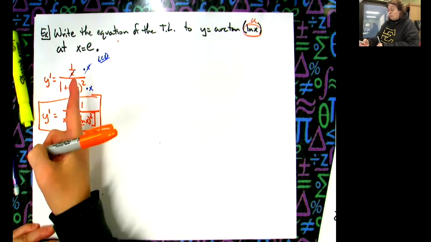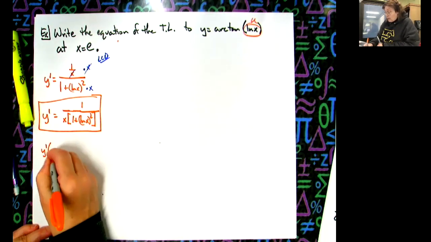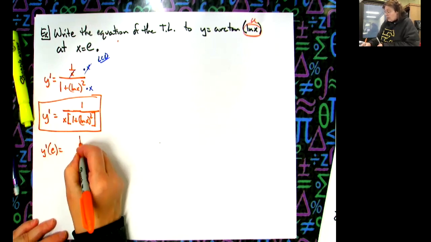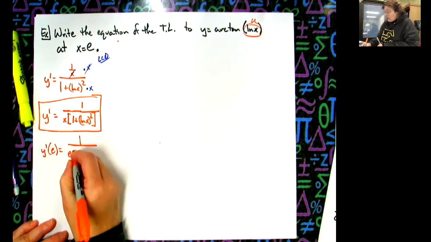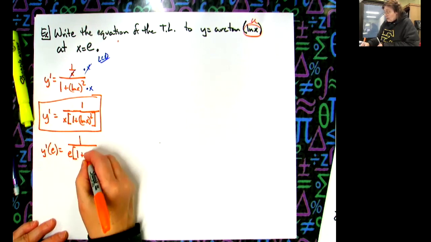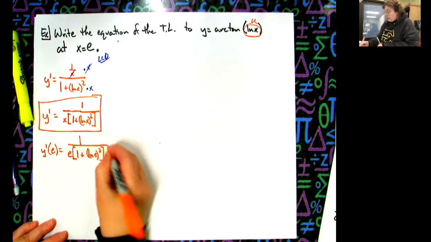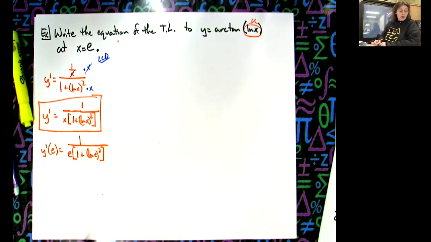Now we need to plug in e, so y prime of e. I'm going to have a 1 over e times 1 plus natural log of e squared. Now, do we know the natural log of e?